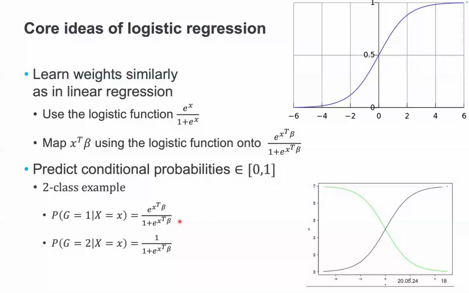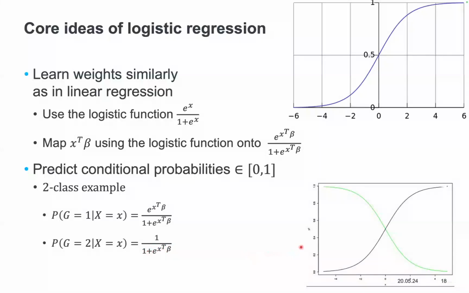Now we also want the probabilities for the two classes to add up to 1. We can simply look at what probability mass is missing, such that whatever linear component we have here, the other class gets the remaining probability mass. That's just 1 minus this term, and 1 minus this term is nothing else than 1 divided by 1 plus e to the power of the linear component.